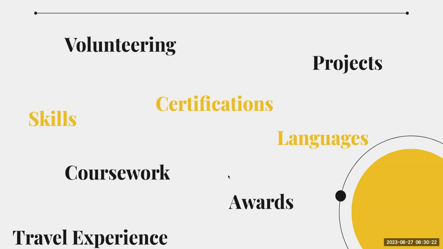Skills is a very common and broad category that's often included on resumes, specifically, and it's used to categorize and list and highlight different skill sets that you might have, including certifications and languages.